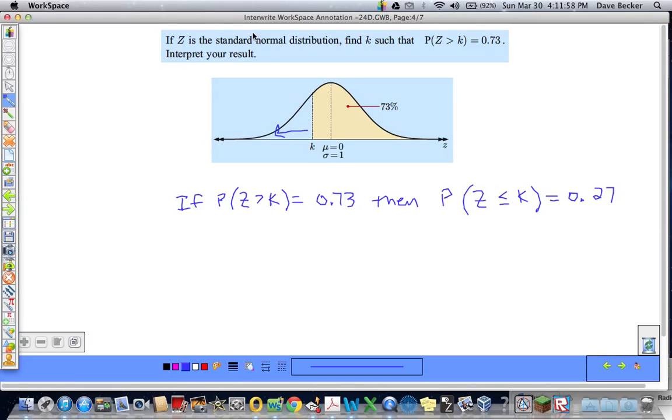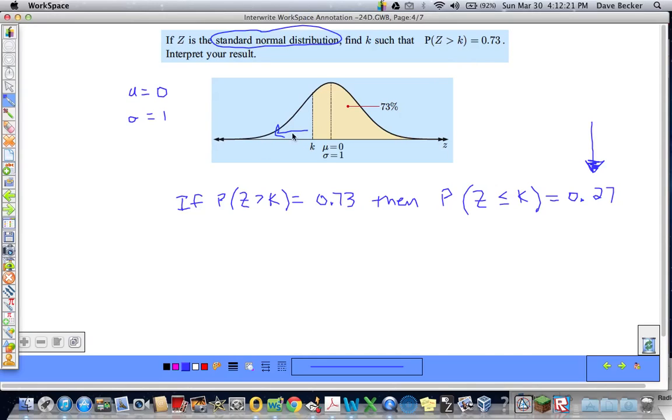Also, we have to realize it's standard normal. If it's standard normal distribution, then I know that the mean is 0 and the standard deviation sigma is equal to 1. Okay. So when we use our calculator, we're going to use this value.